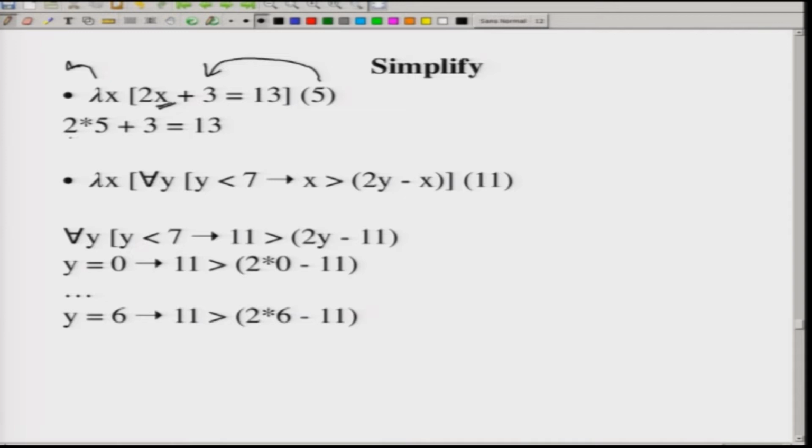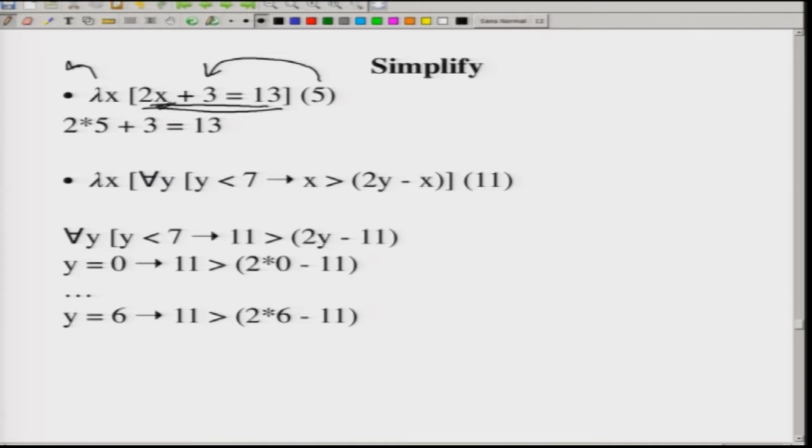So, we have 2 times 5 plus 3, that makes it 13, which means that the sentence inside can be true, it can be false, it can be anything, but in this case it is true. Practically, this lambda expression defines this function 2x plus 3 equals 13. How we shall see that?